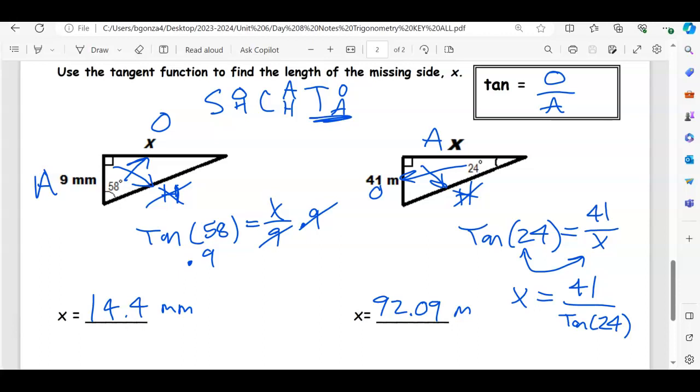So if you set it up right, the one on the left, you're going to have to multiply because X is on the top. The one on the right, you're going to have to switcheroo because X is on the bottom. So I'll leave these on the board, but you're going to work on this assignment.